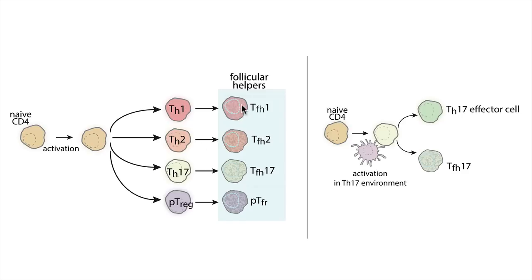One alternative model is that TFH is effectively a secondary program, and that an immune response first generates Th1, 2, or 17, and then those cells can subsequently additionally turn on a follicular helper type program. And a variant of that idea would be this, where in a given immune response, really everything would be a Th17 cell, for instance, and that you would have Th17 effector cells as well as Th17 FH cells, follicular helper cells.